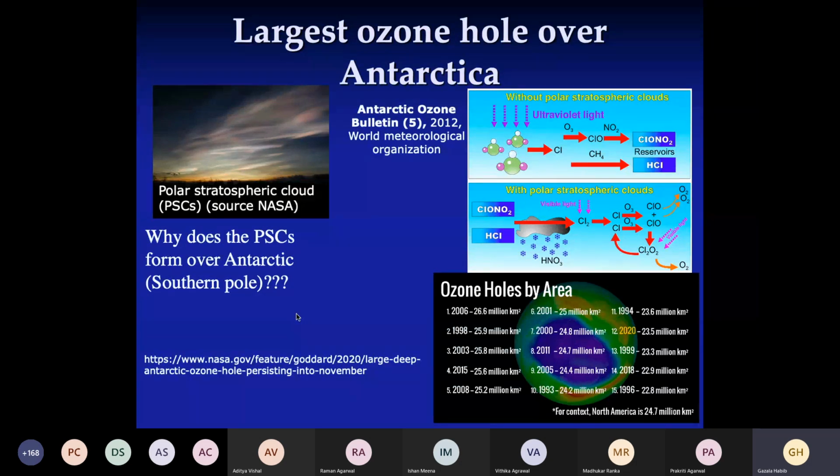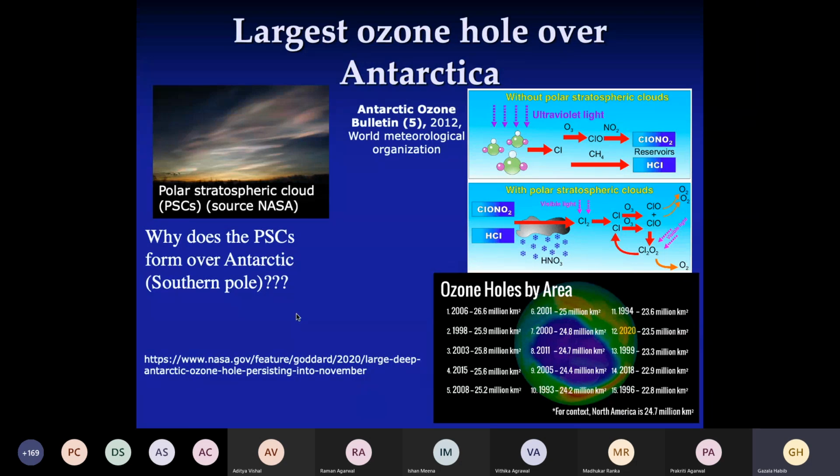So when the polar stratospheric cloud is not there, then any chlorine compound, CFC or other compound, reacts with ozone and forms ClO and NO2, and then ClONO2, which is known as chlorine nitrate. And HCl will also form.